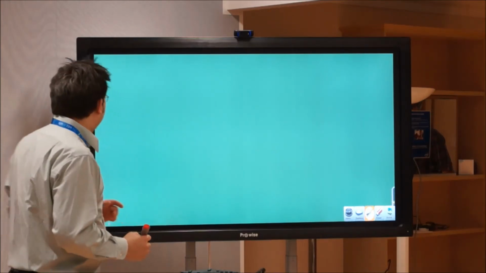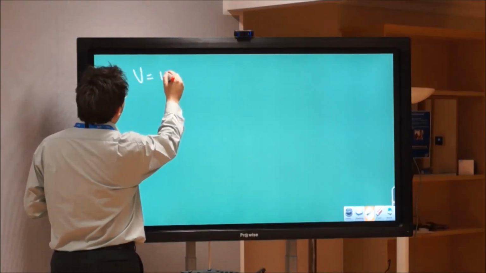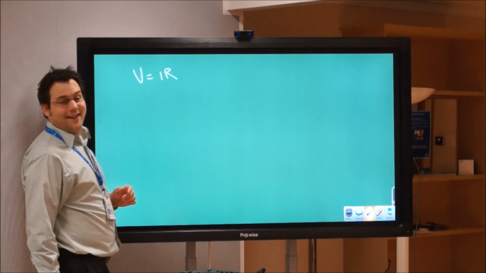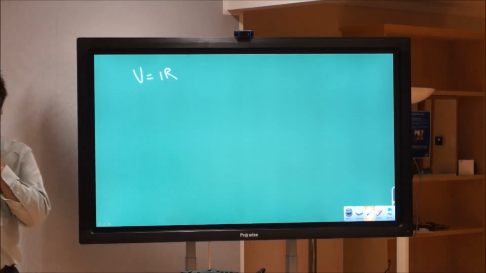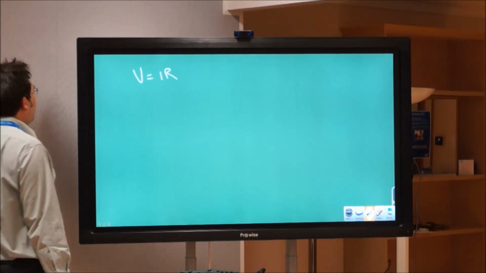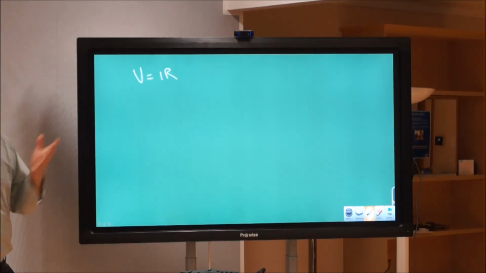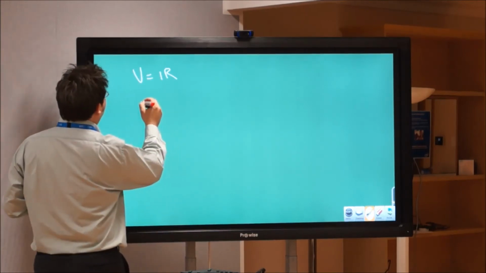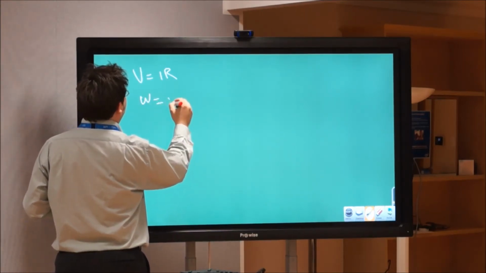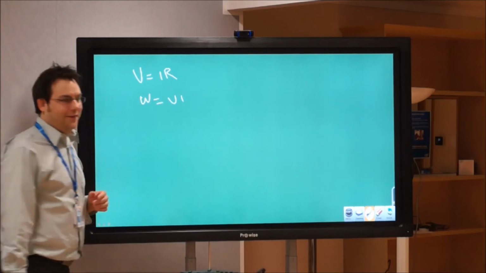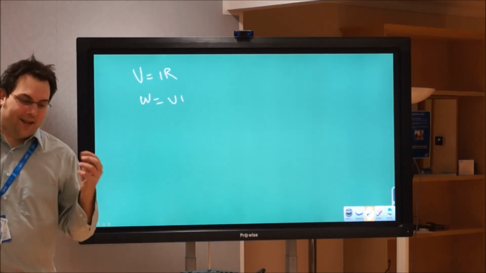So let me just write something down. Who knows Ohm's law? Okay, quite simple. We take resistance, and there's another thing as well, watts equals V times A. So volts times amps equals watts.